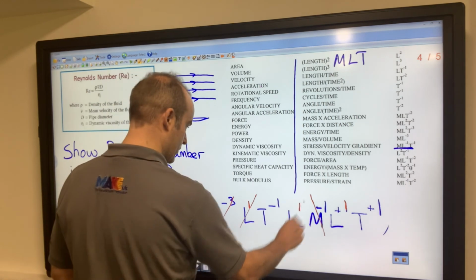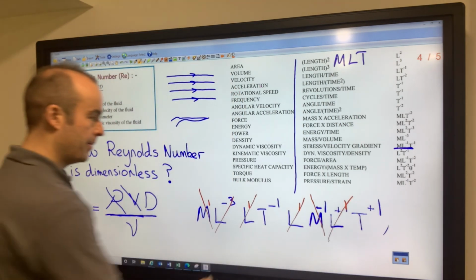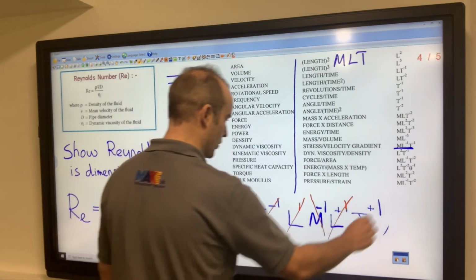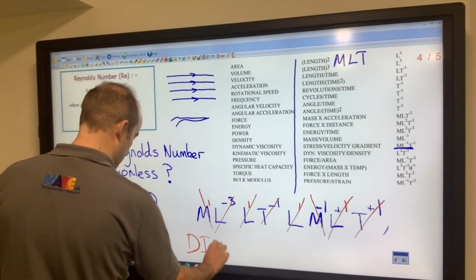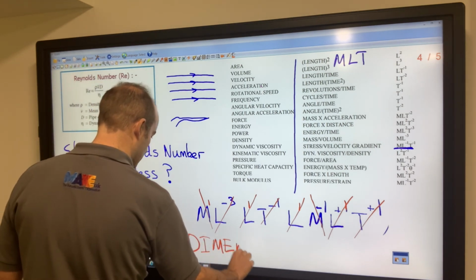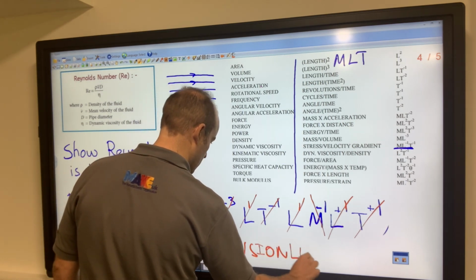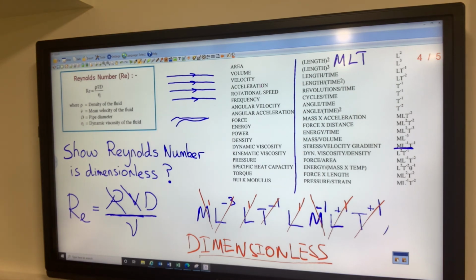Yeah? Finally, you can see you've got time divided by time, they cancel. You can see the result is the Reynolds number is dimensionless. I hope you spelled that right. Dimensionless. Yep, okay, that's that.